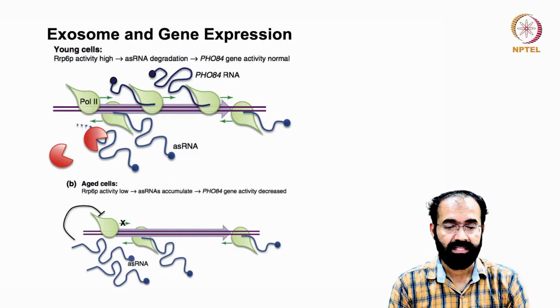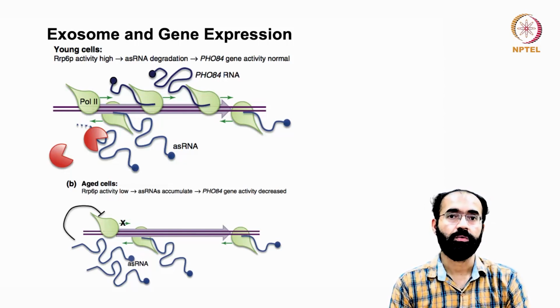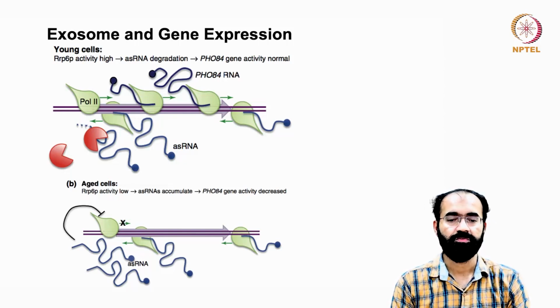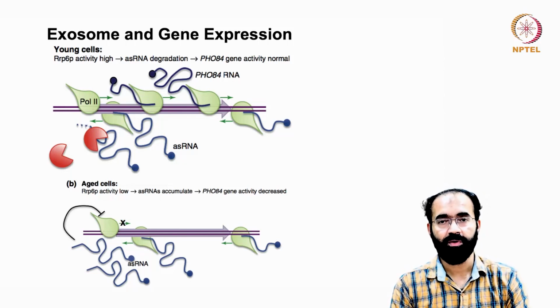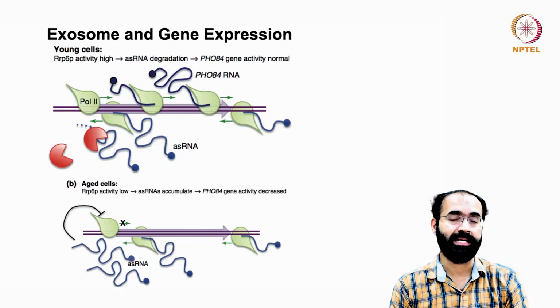Because of this, the 484 gene activity is decreased. How? Because antisense RNA will pair and form a duplex with the 484 RNA. When 484 and the antisense of 484 pair, that invites degradation.